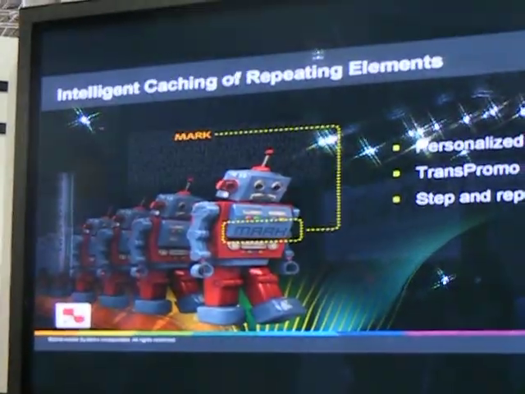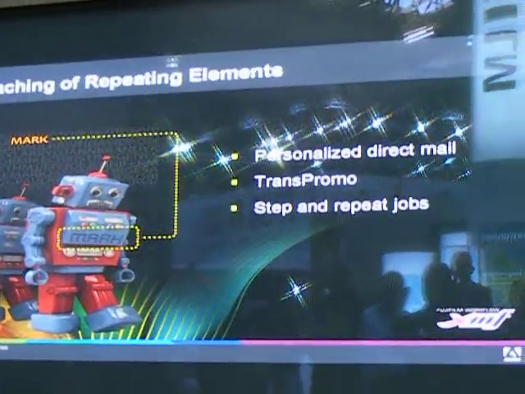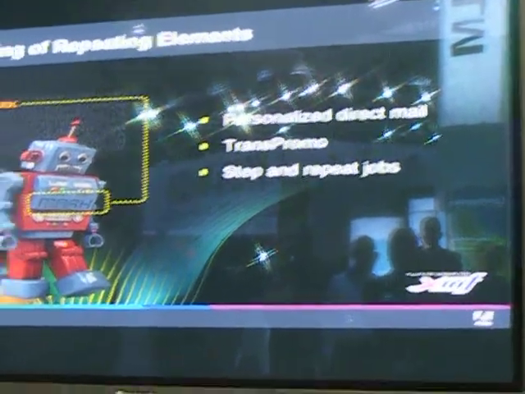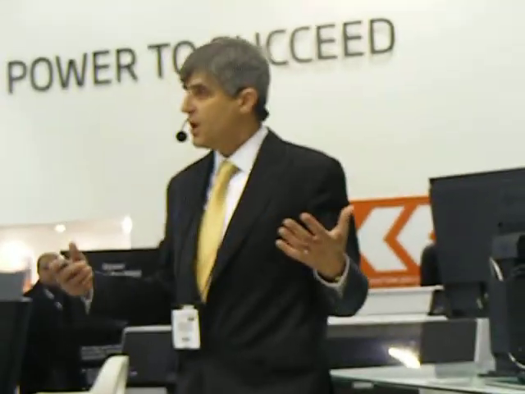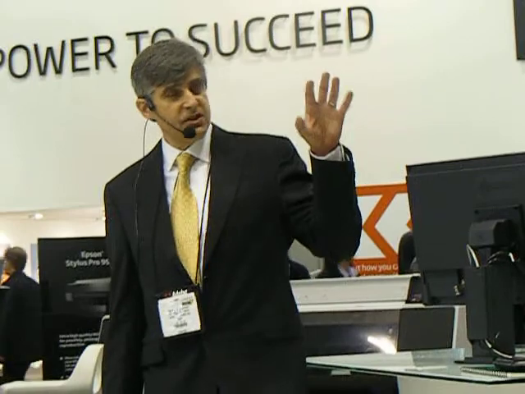And one of the key elements of the PDF Print Engine is that it caches those repeating elements. So for personalized direct mail, trans-promo, high-volume job content that combines statement information or financial portfolio information or insurance information with upsell promotional content, it caches those repeating elements. And the PDF Print Engine does something very simple.